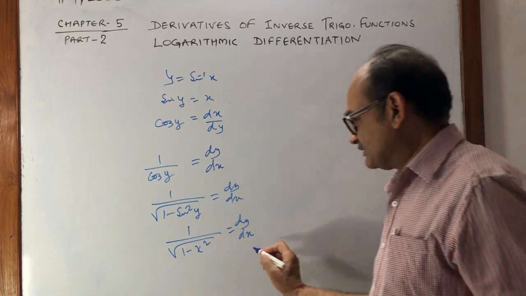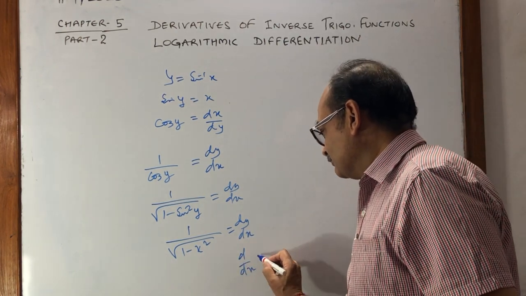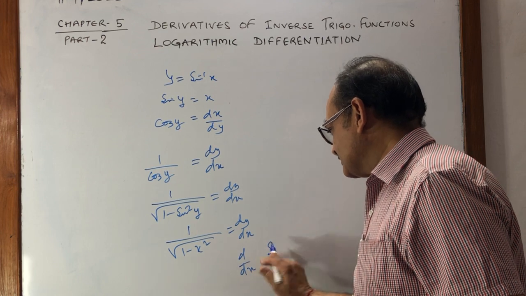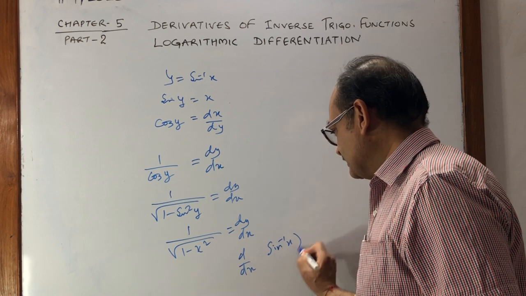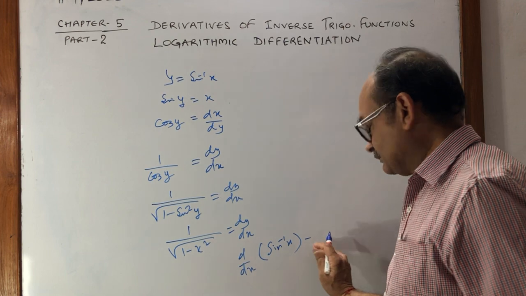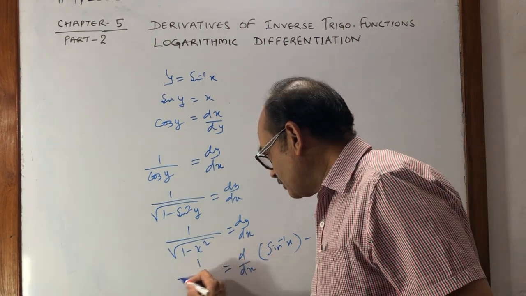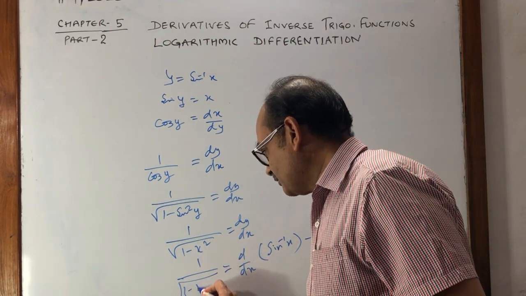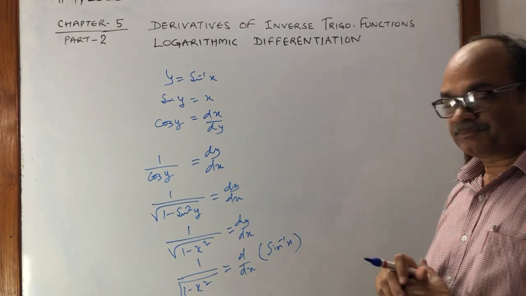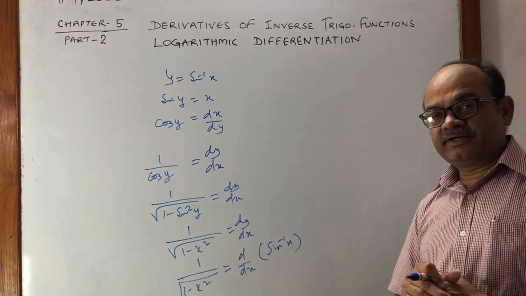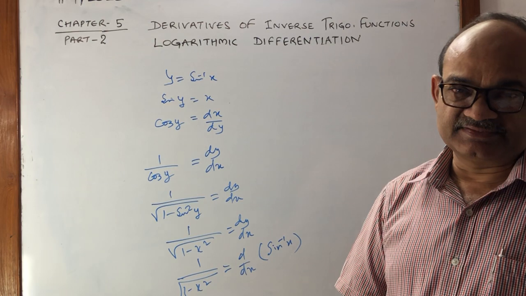So d by dx of sine inverse x is 1 upon under root 1 minus x square. This is the formula for differentiation of sine inverse x.